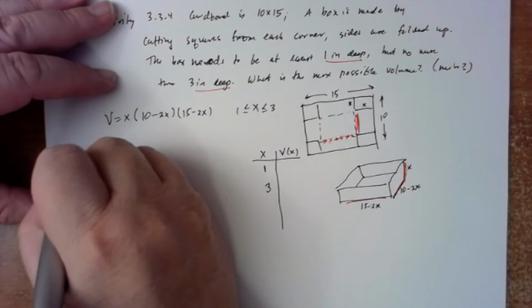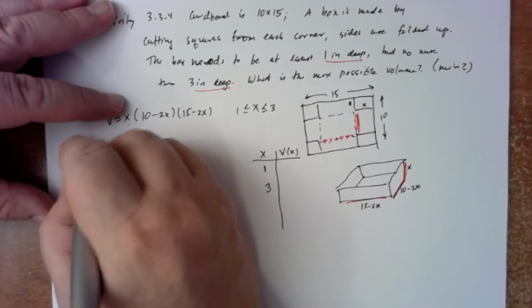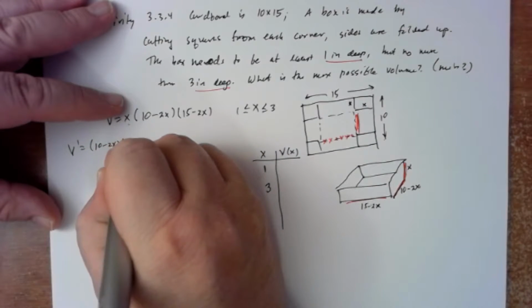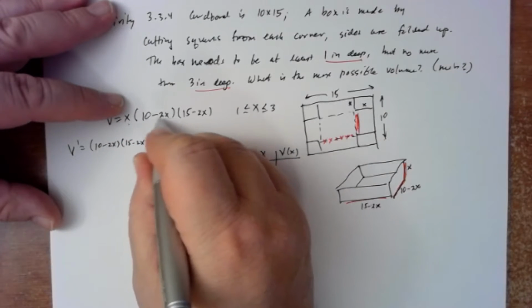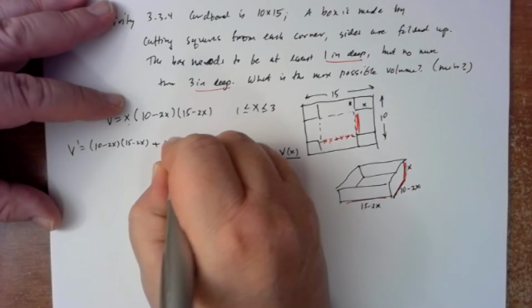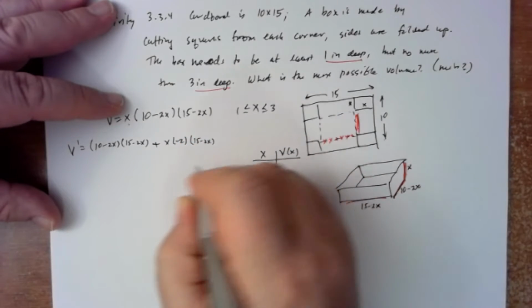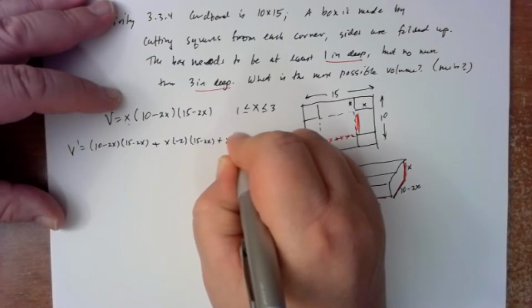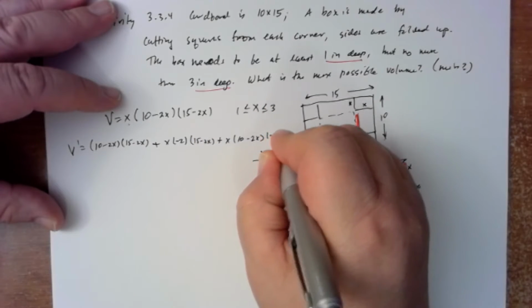V prime is equal to the derivative of the first function times the other two, which is 10 minus 2x times 15 minus 2x, plus x times the derivative of this, which would be minus 2 times 15 minus 2x, and then the derivative of the last one, which would be a minus 2.